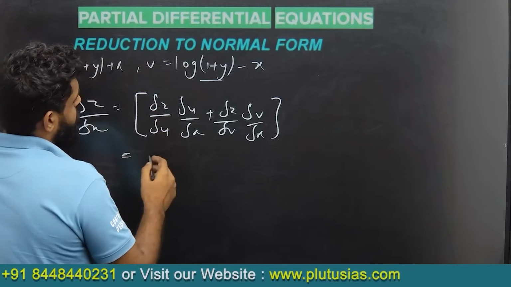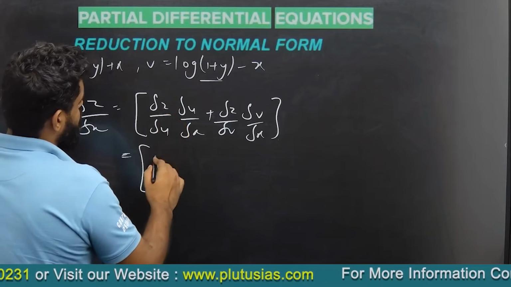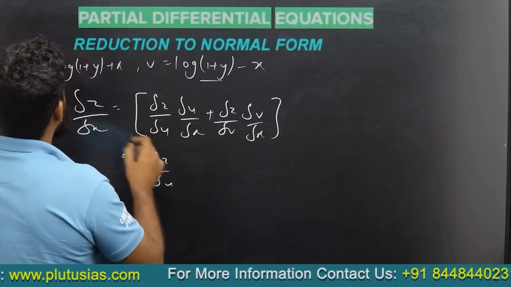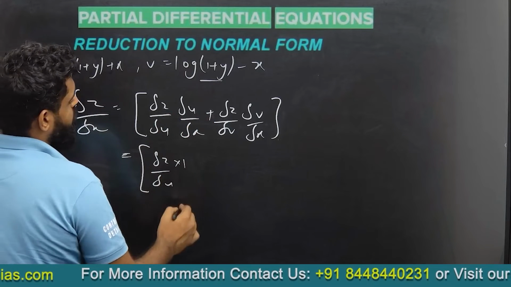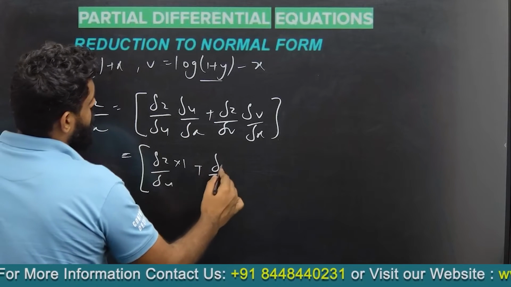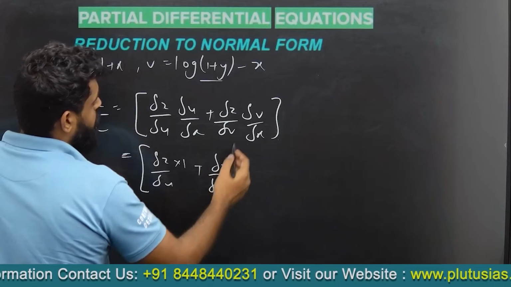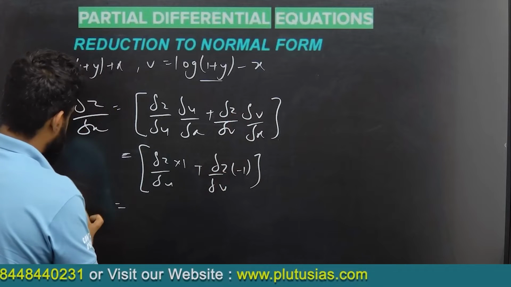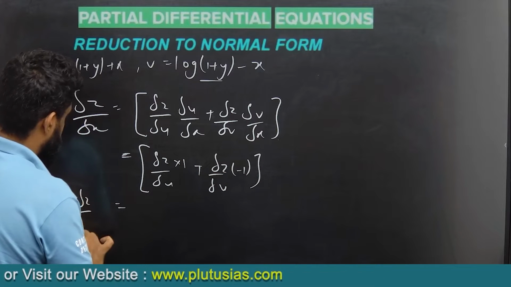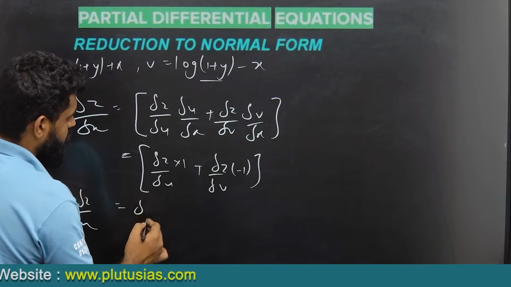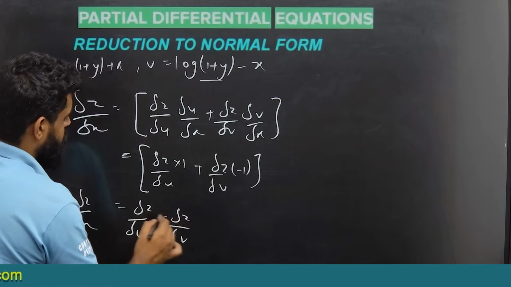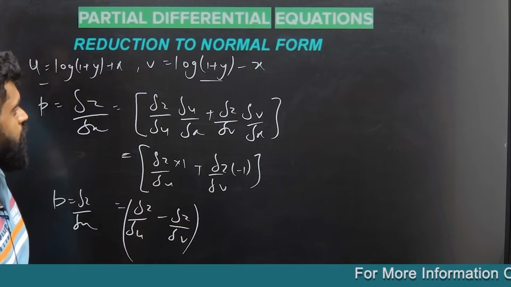So we have delta z upon delta u, and for u differentiating with respect to x, we have 1, plus delta z upon delta v, we have minus 1. So what is the value of p? p is delta z upon delta u minus delta z upon delta v.